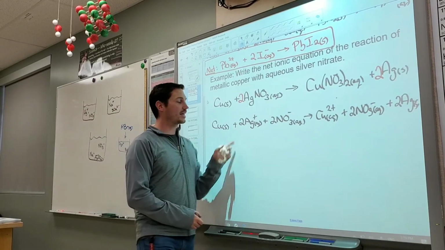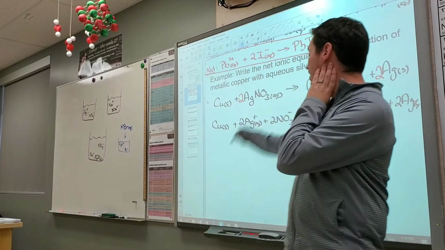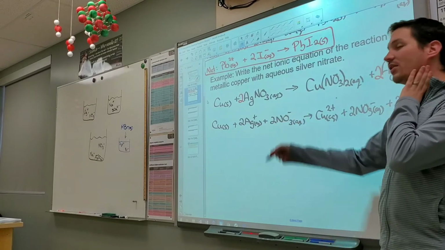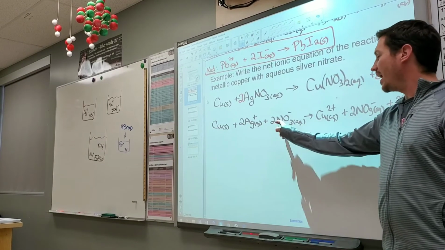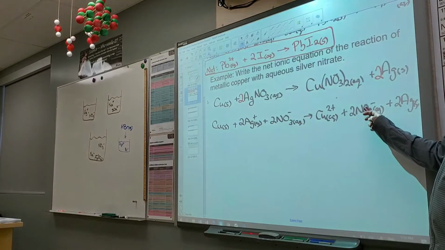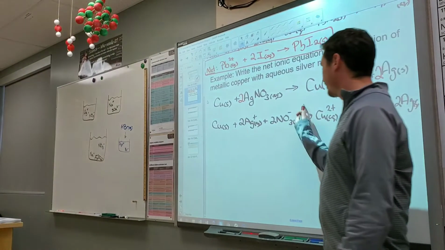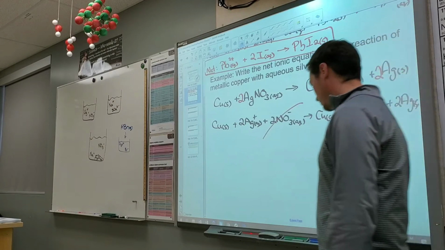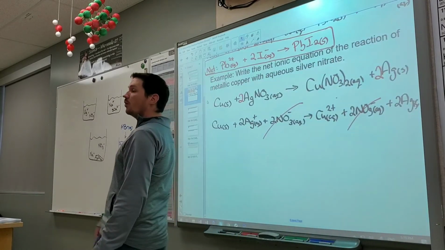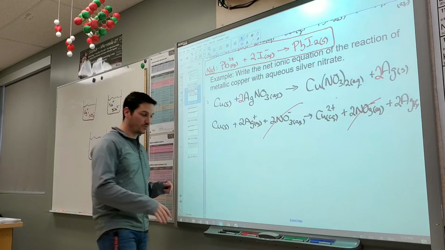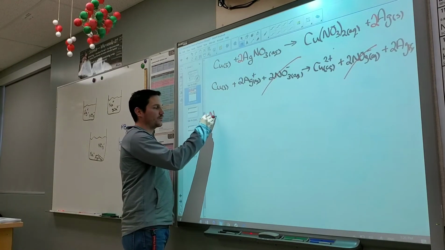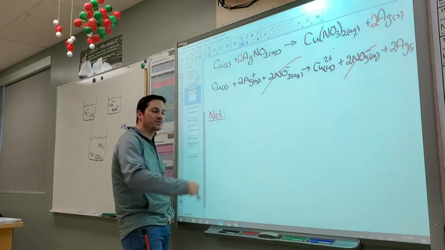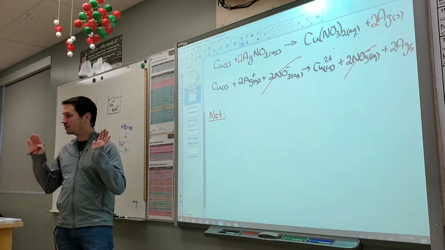Okay, I cannot cancel out the silver. Can I cancel out the nitrate? Yes, the nitrate didn't do anything. NO3 aqueous, NO3 minus aqueous. So, what's my net reaction? You literally just rewrite everything you didn't cross off.